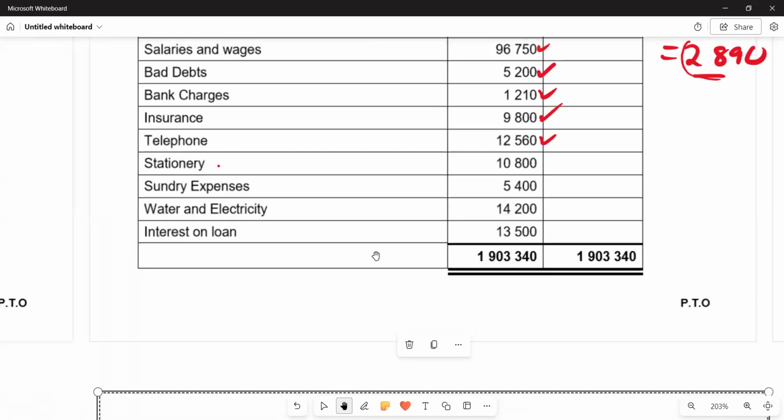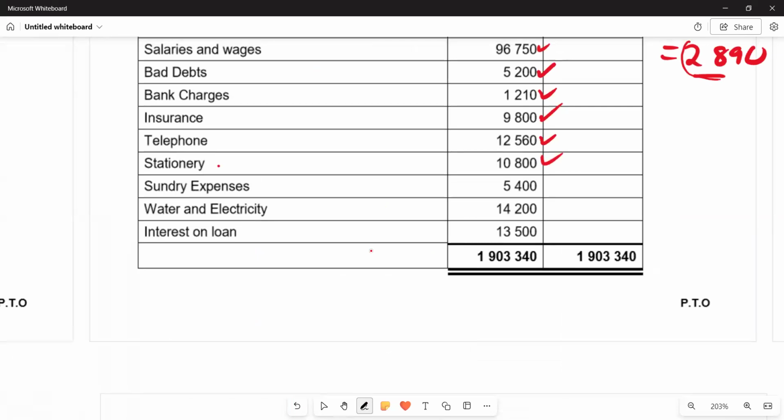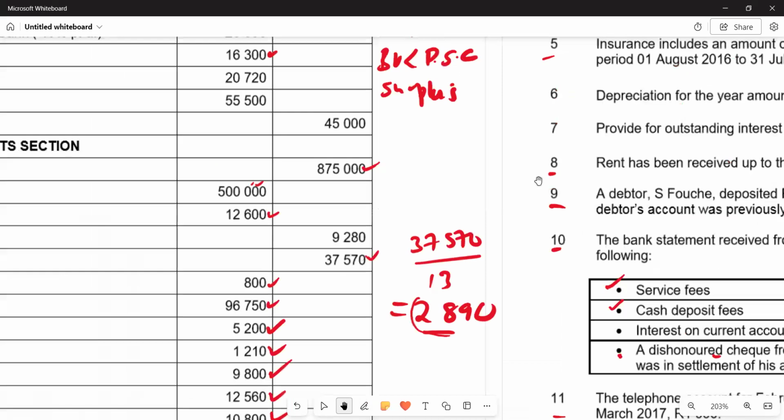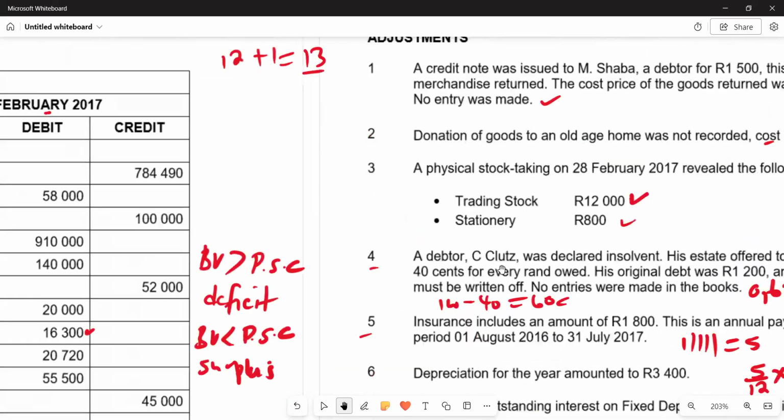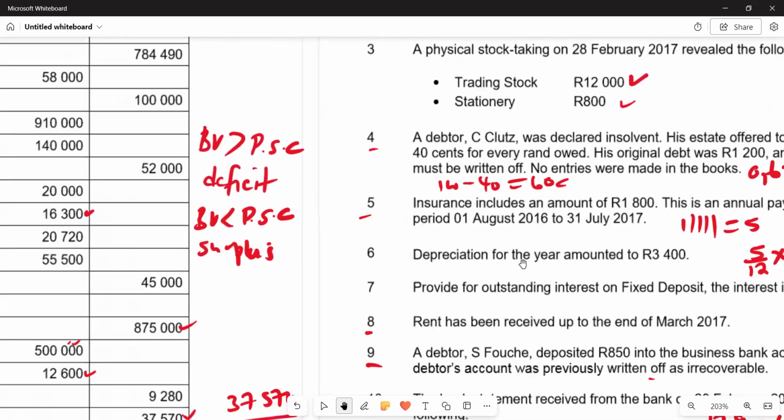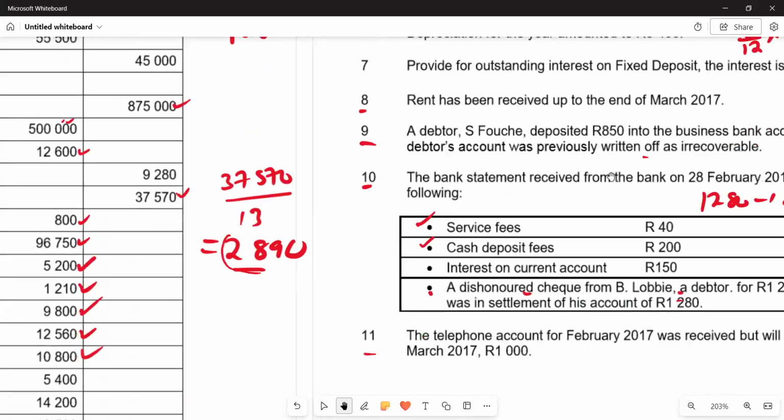Remember we have adjusted stationery, so we go to the next, which is sundry expenses, 5,400. For sundry expenses, again, you go to additional information to check if you've got anything that is affecting sundry expenses. You go item by item, checking if anything mentions sundry expenses. Remember, we've got something again on the next page. We can just go and cross-check.